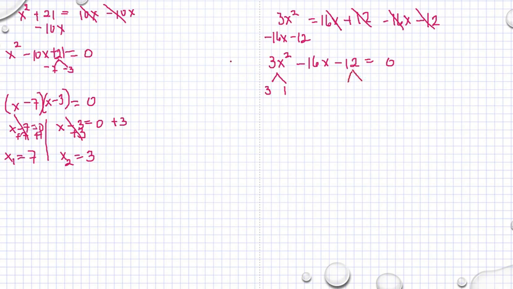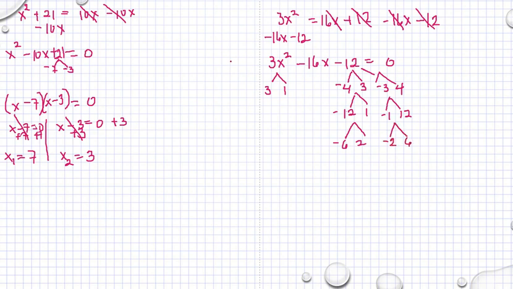And for 12 we have 4 and 3, negative 4 and 3, or negative 3 and 4, and also 12 and 1, negative 12 and 1, or negative 1 and 12. We also have negative 6 and 2, or negative 2 and 6.